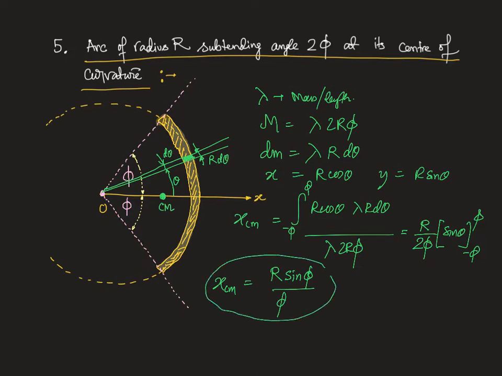Actually this problem number 4 is a special case of problem number 5. If you put phi equal to pi by 2, you get the semicircular arc. That is what we have done in the previous problem.